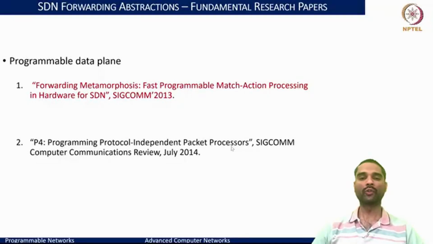Let us now try to look into the core aspects and the components and how the forwarding metamorphosis, or the fast programmable match action processing in hardware for SDN, was realized.